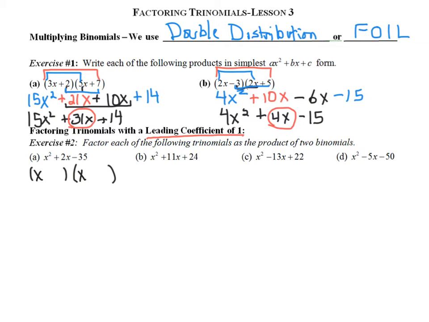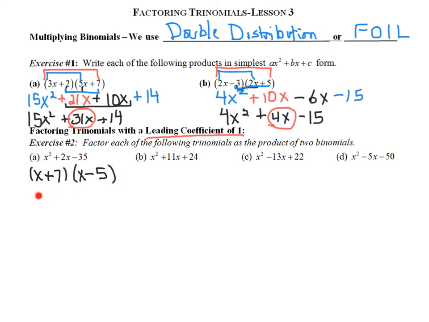So when we think about the factors of 35, we know that 7 times 5 is 35. The 7 would have to be positive, and the 5 would have to be negative, so that when I multiply 7 times negative 5, I get negative 35.